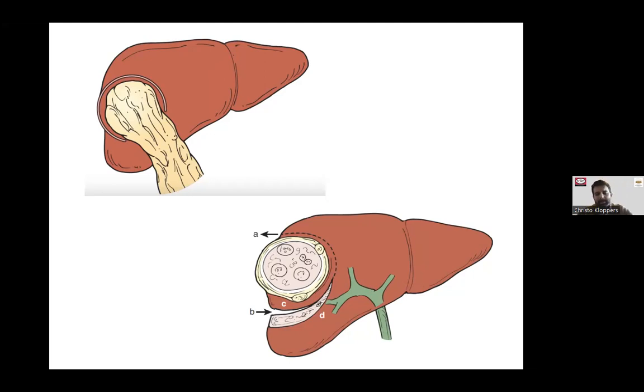I think the morbidity of trying to do that, as that picture there that you see, a proper pericystectomy is quite high. There's often distortion of the liver. It's often big, and I don't see the benefit of it.